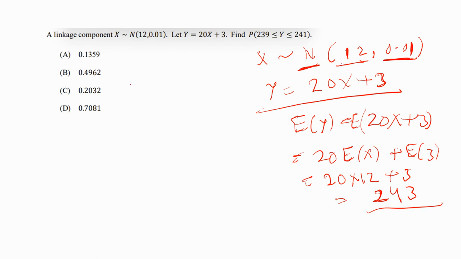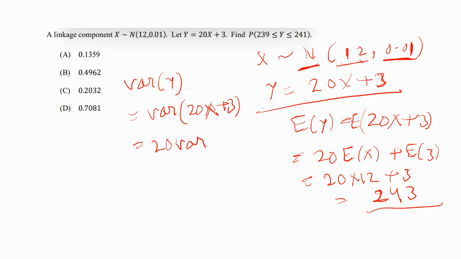Now the variance. For the variance of y, it will be the variance of 20x plus 3. Now it will be 20 times the variance of x plus the variance of 3. Now 3 is a constant, so its variance will be 0, and the variance of x we have here is 0.01.